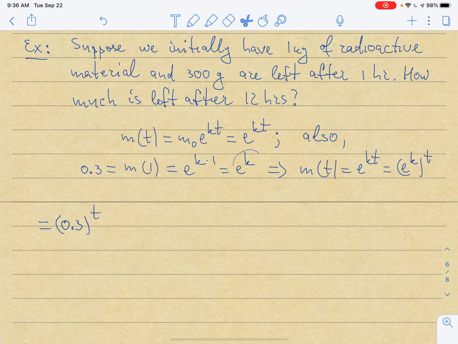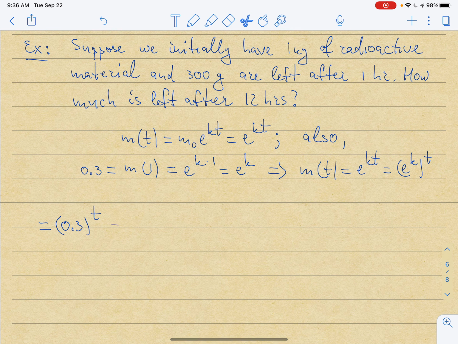So we found e to the k by using the amount of material left after 1 hour. And that allows us to determine e to the k. Once I know e to the k, e to the kt is e to the k to the power t. E to the k is 0.3, so we're done with the formula.